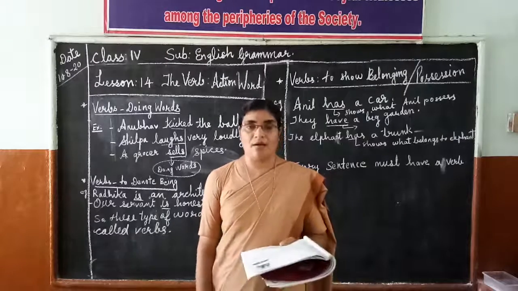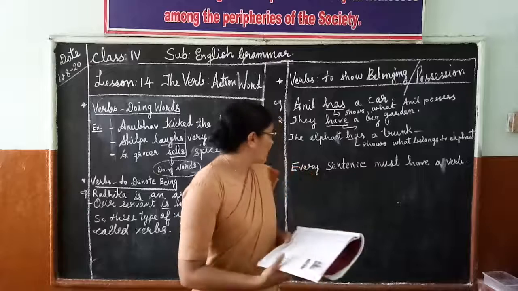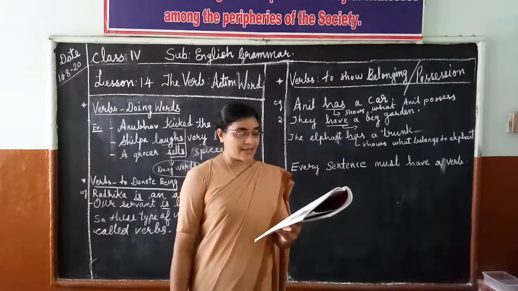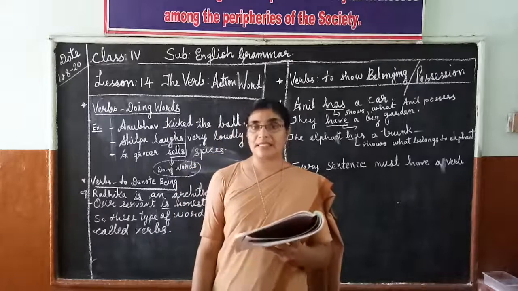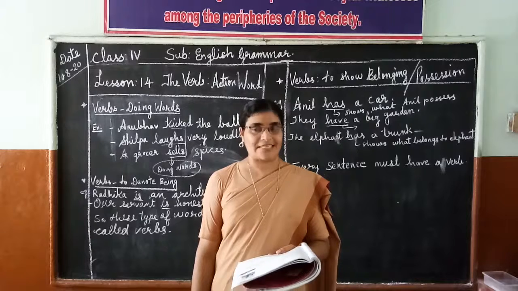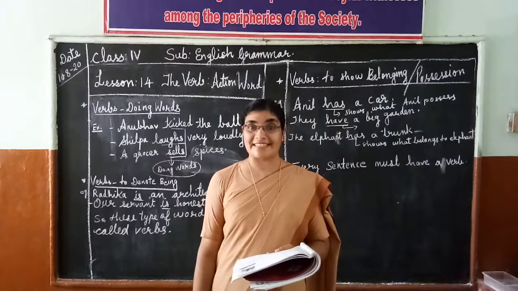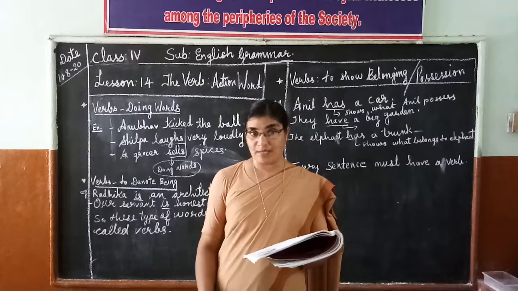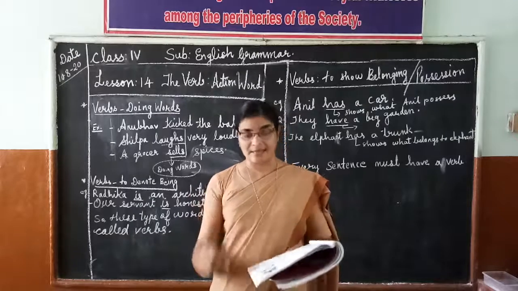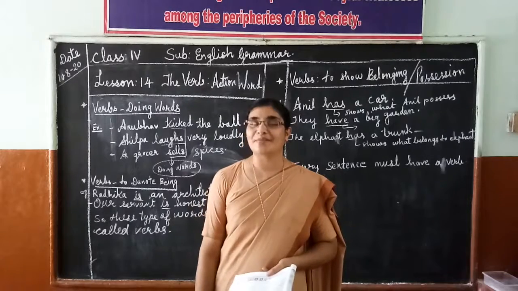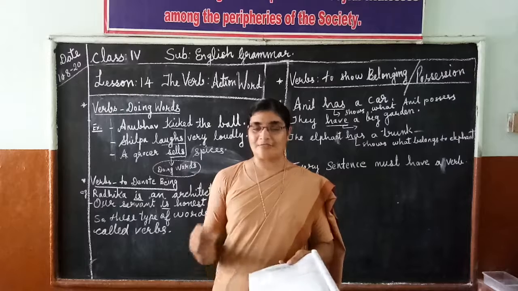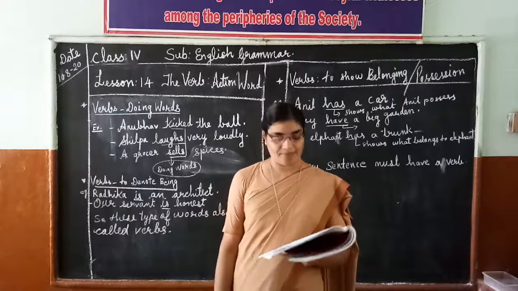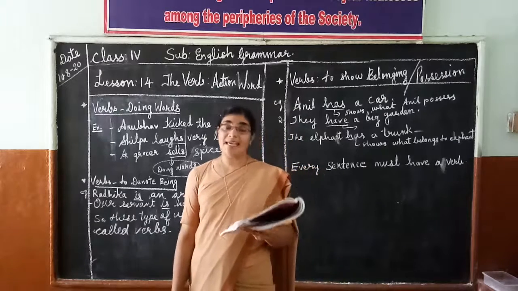Now for example, just listen to sentences like "birds in the sky." It does not give a complete sense. So if we say "birds are flying in the sky," it becomes a sentence because flying is a verb. Another example, "he prayed."